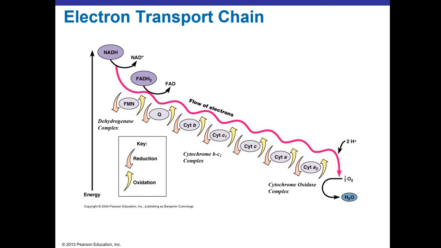And NADH is going to bring us the most energy because it feeds in at the top of the hill. FADH2 comes in at a lower energy level, at the level of coenzyme Q, but all of these are going to feed into the various cytochromes until we keep passing the electron down to the final electron acceptor, which in aerobic respiration is going to be oxygen with a byproduct of water.